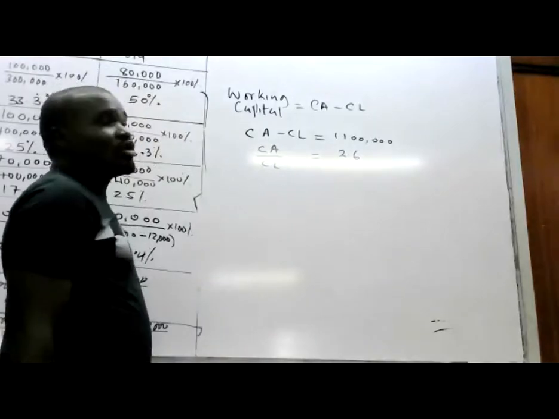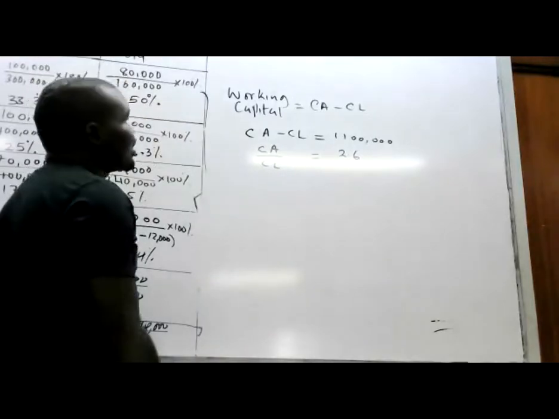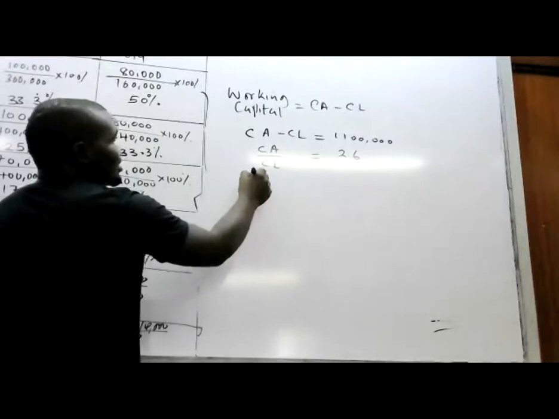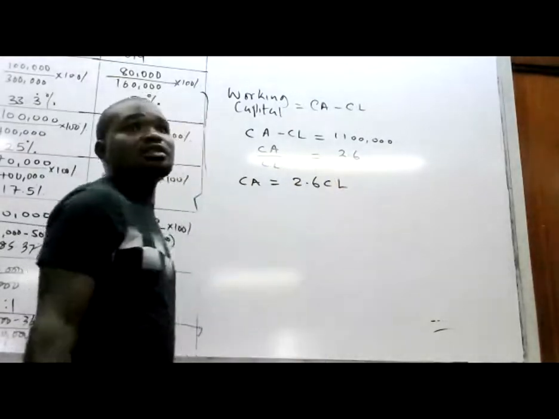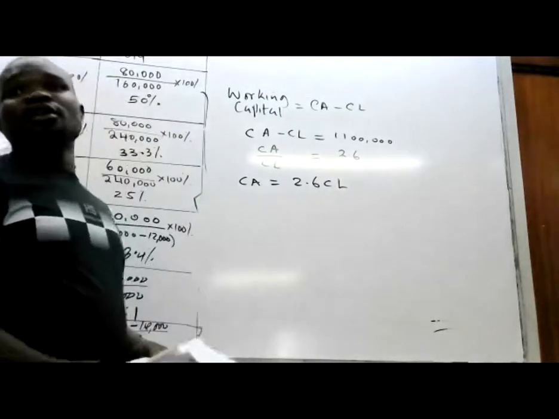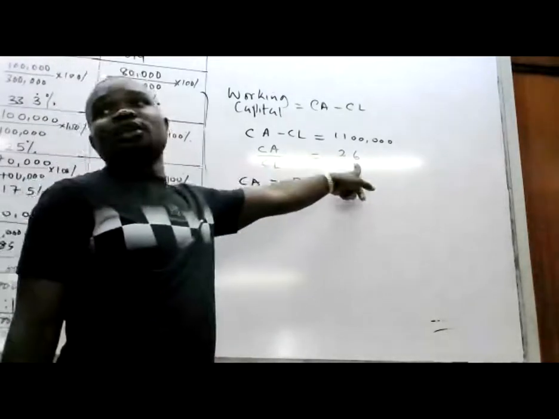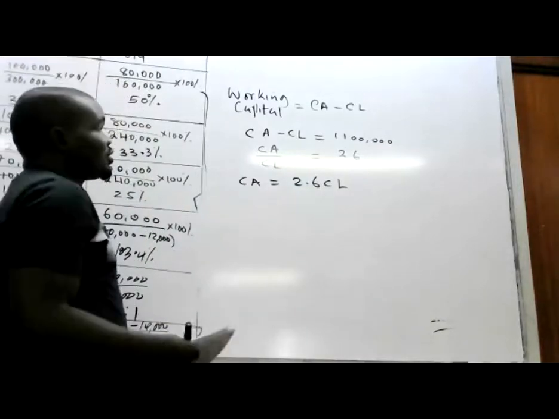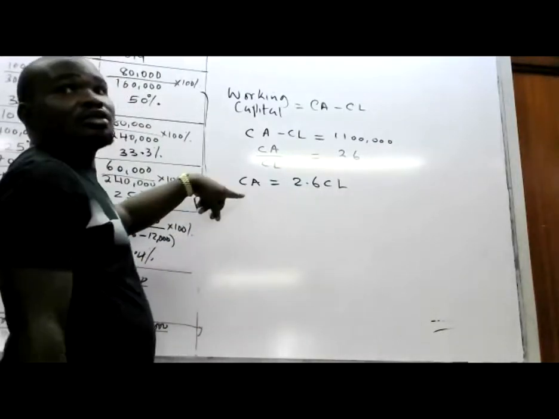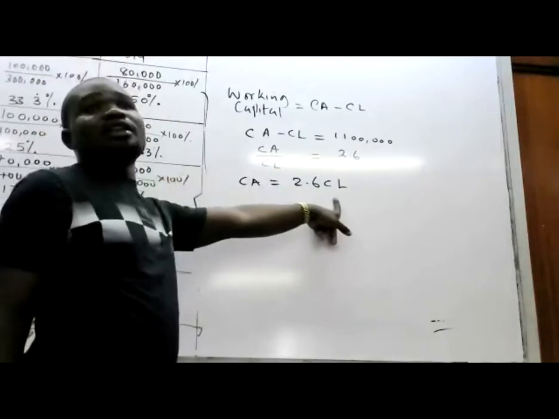So we can therefore say that current assets is equals to 2.6 current liabilities, if we cross multiply this way. Is that okay? Yes. So current assets is 2.6 current liabilities.